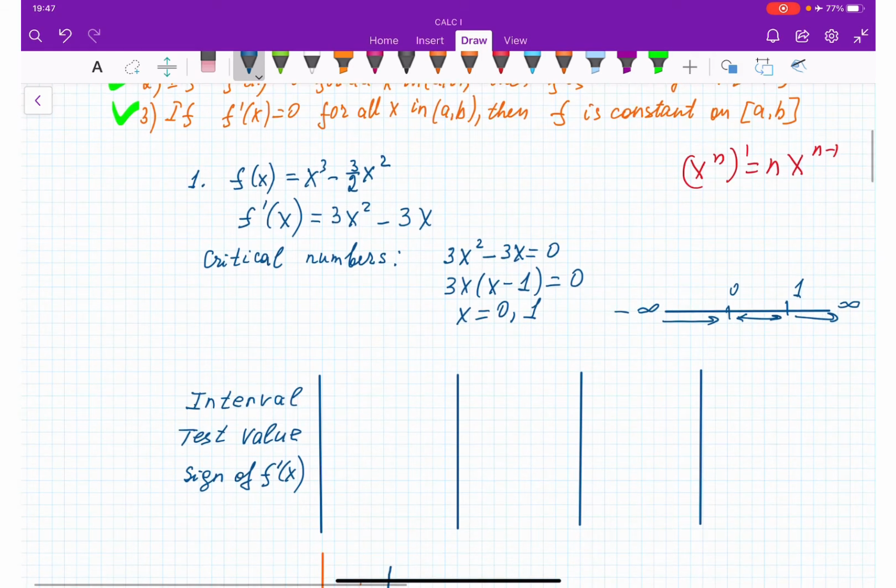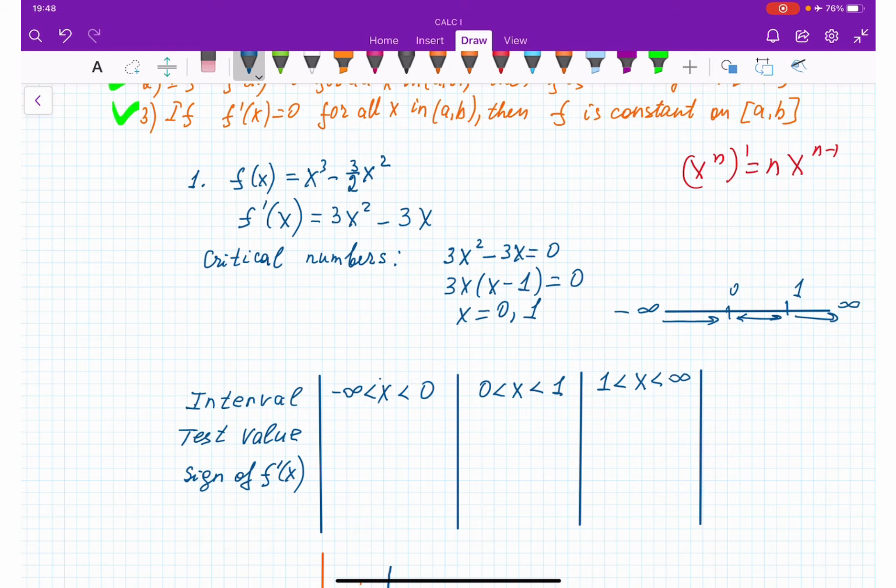So let me write this down. X is greater than negative infinity and less than 0. This one, x is greater than 0 and less than 1. And the third interval, x is greater than 1 and less than infinity.